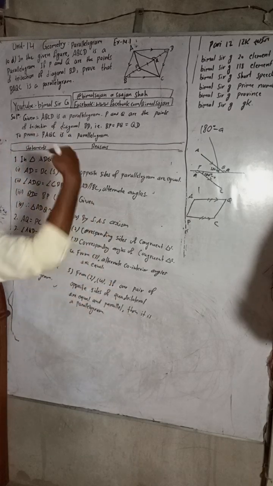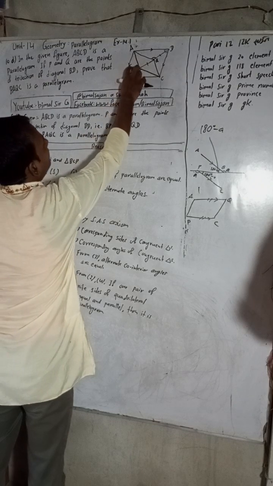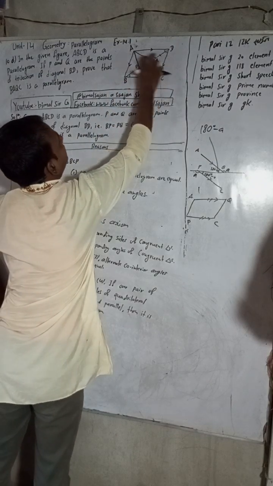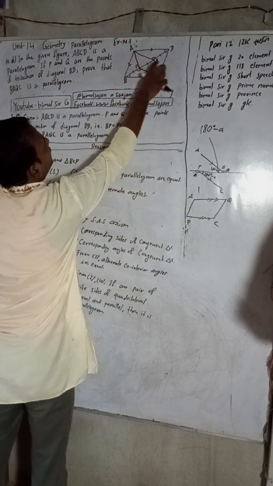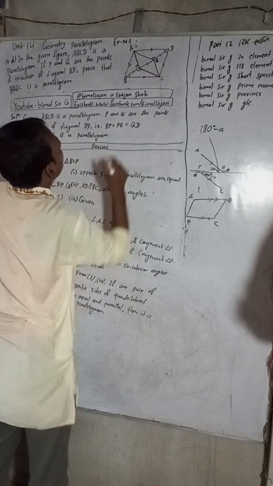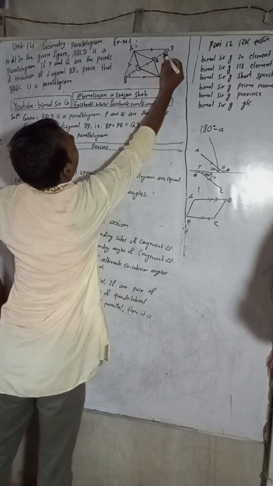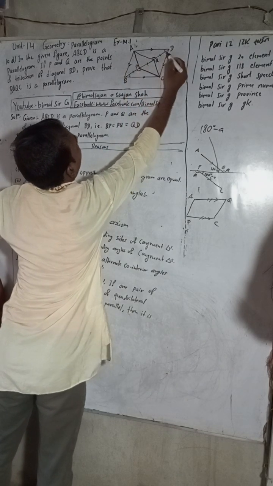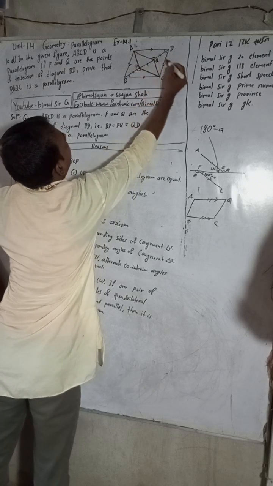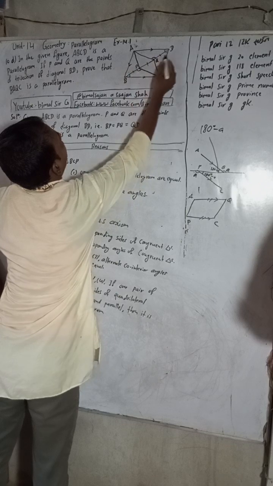But if you want to make it longer and clearer, then you can write: in triangle APB and this triangle, this side is equal to this side, and we can take one angle equal. This angle is equal to this angle because AB is parallel to DC, so alternate angles, and side BP is given.